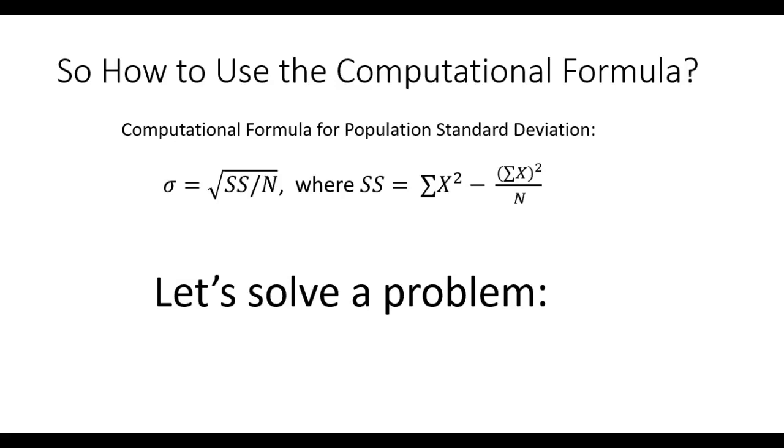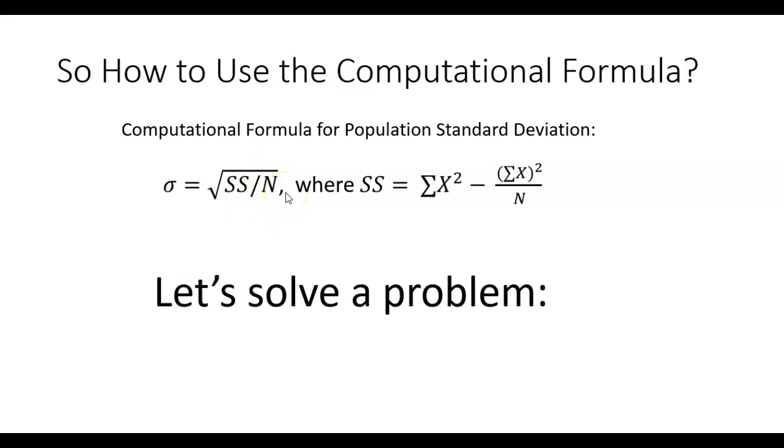How on earth can I use this complicated formula to solve a problem? Here we have the computational formula for the population standard deviation. The symbol for population standard deviation is the Greek letter sigma, which looks like a little lowercase o. The formula is the square root of the sums of squares divided by n.